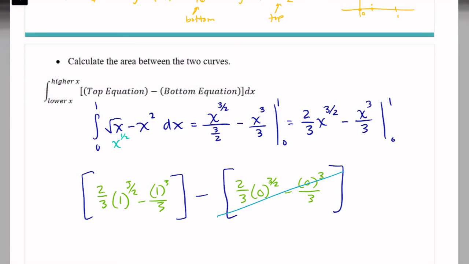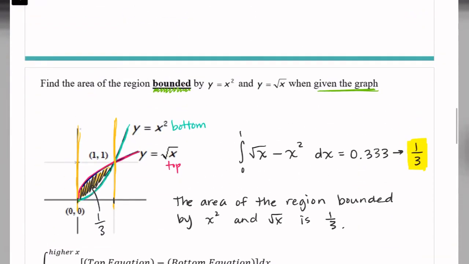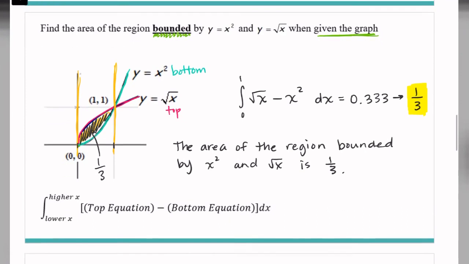So I'm left with 1 to the 3/2, which really means the square root of 1 to the 3rd, right? 1 to the 3rd is still 1, and the square root of 1 is still 1. So that's going to be 2/3 minus 1/3, which leaves me with 1/3 as my answer, which is the same thing we got up here when we did it in the calculator.